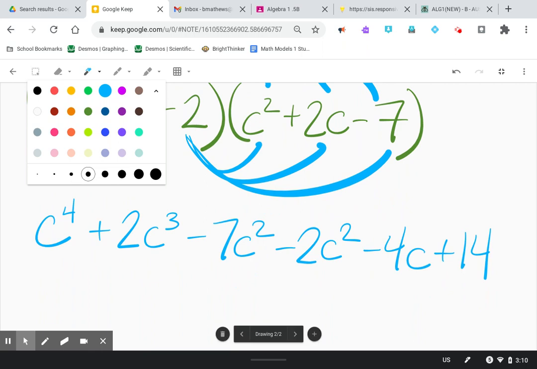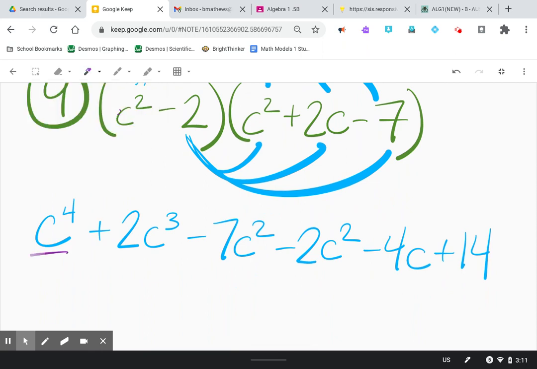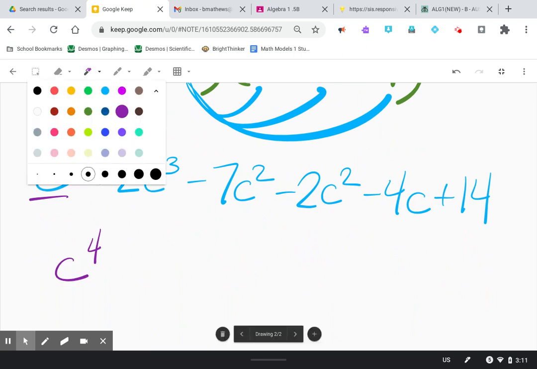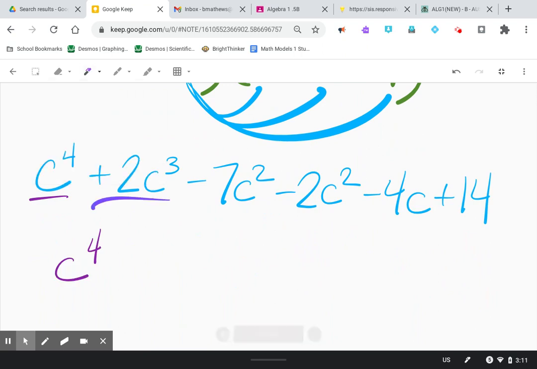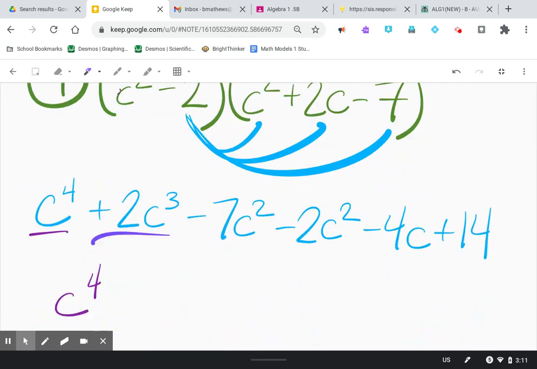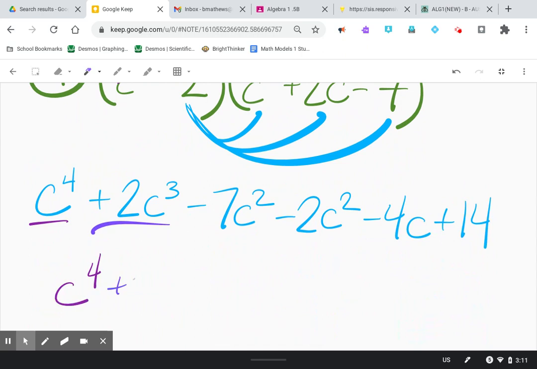Once again, I look to combine like terms. C to the 4th is by itself. C to the 3rd also has no pair to go with it. So that's going to be 2C to the 3rd.